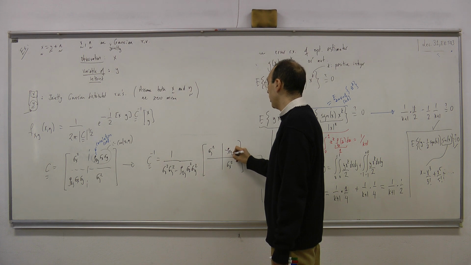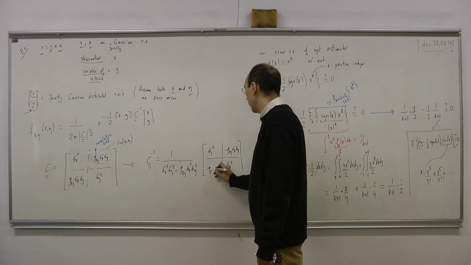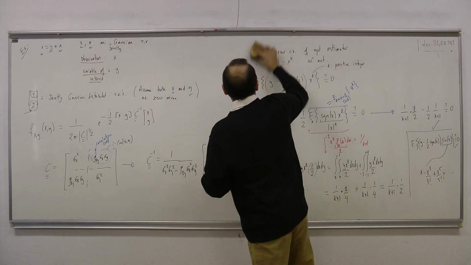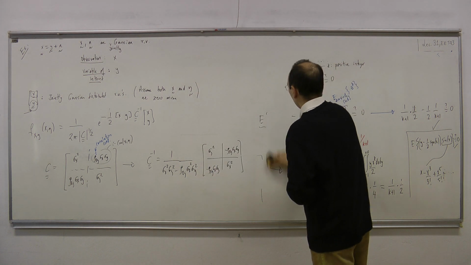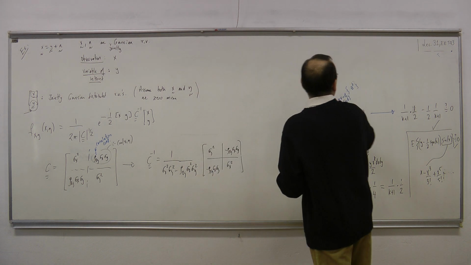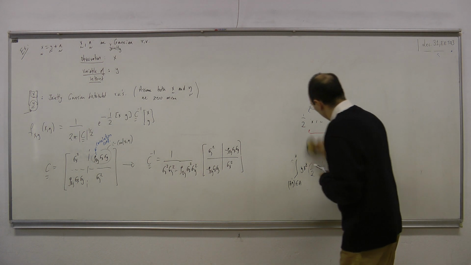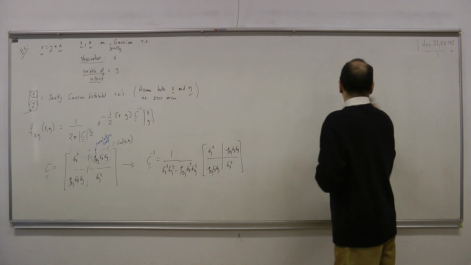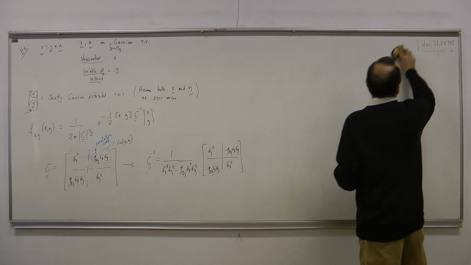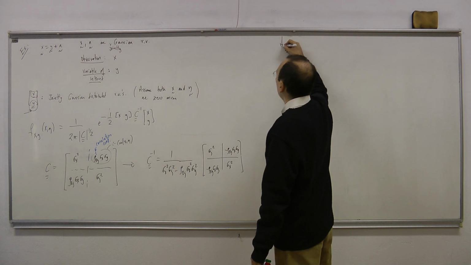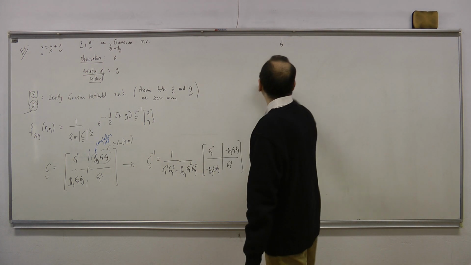There is a sign change for the off-diagonal terms. Okay, so this is the inverse matrix. So I want to write this expression. Then insert the C inverse matrix over here.